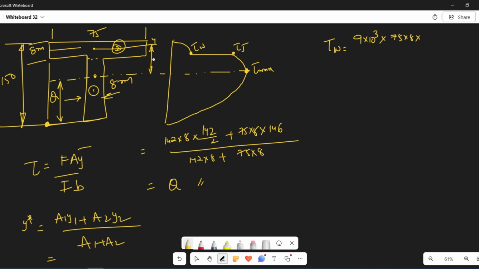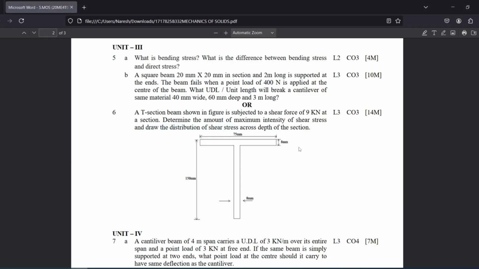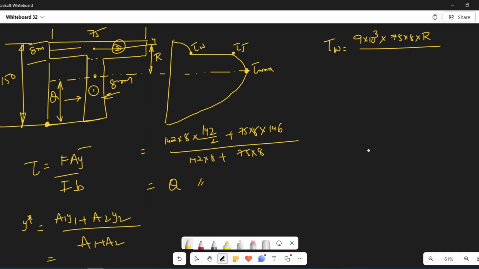Let me call this capital R, divided by I of the section. Have to identify it, from the technology that you have learned from mechanics. Substitute the value of I, then the width is going to be this 75.